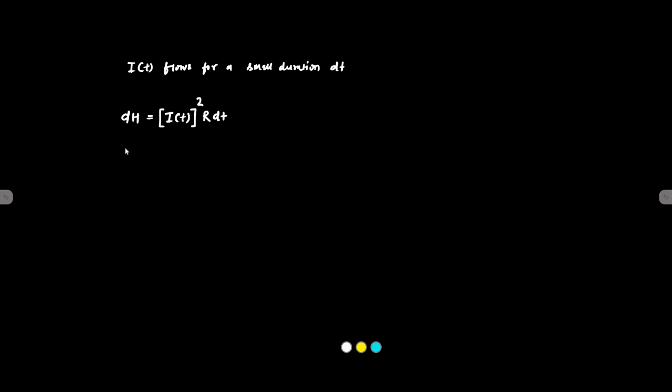So the total heat produced H will be the integration of dH, and this will be integrating this expression over the entire time period, full cycle, 0 to T. In mean value we used to do from 0 to T by 2, here it is from 0 to T. So IT square R dt.